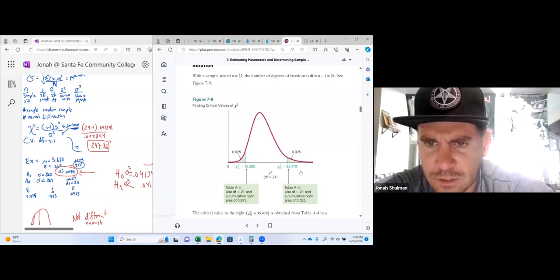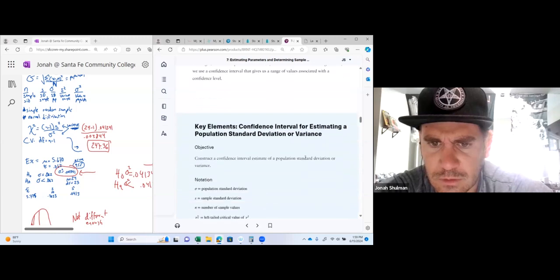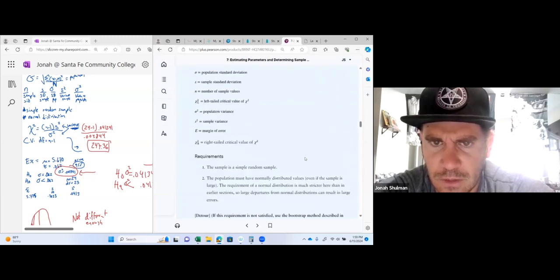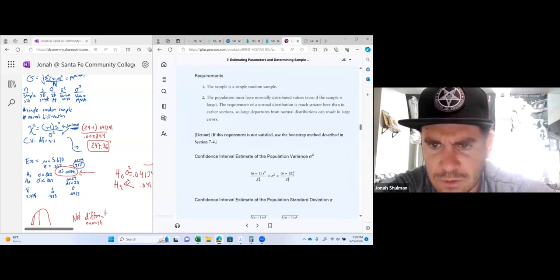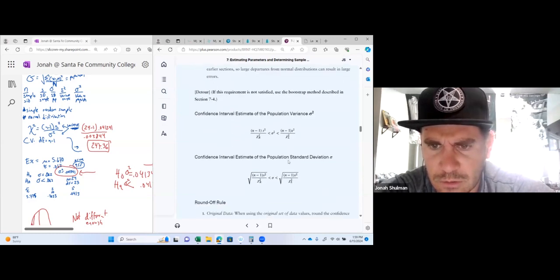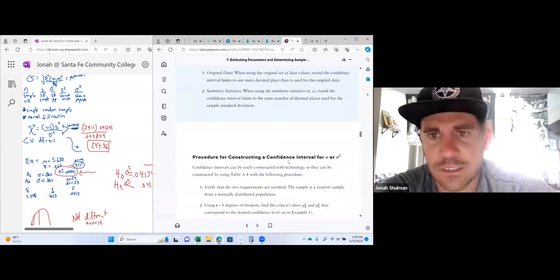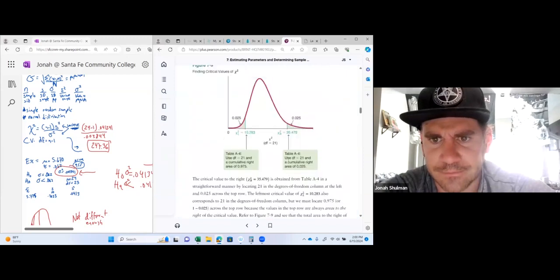Table A-4 gives us these two values. And then to find error, we use this formula. Okay, so in order to get the values, we have to look at the table for 90%.